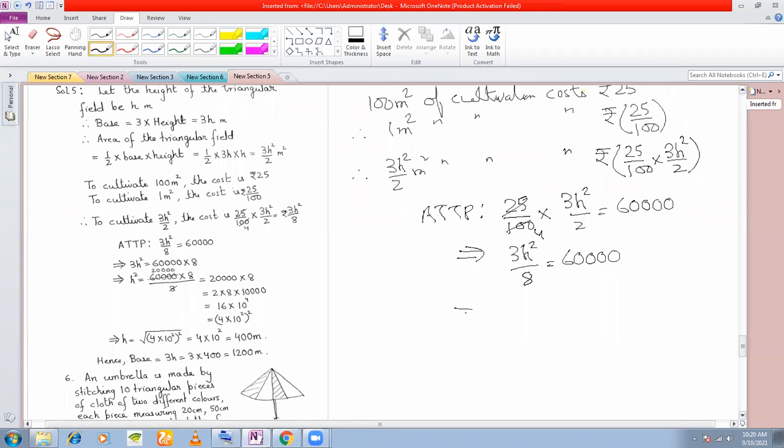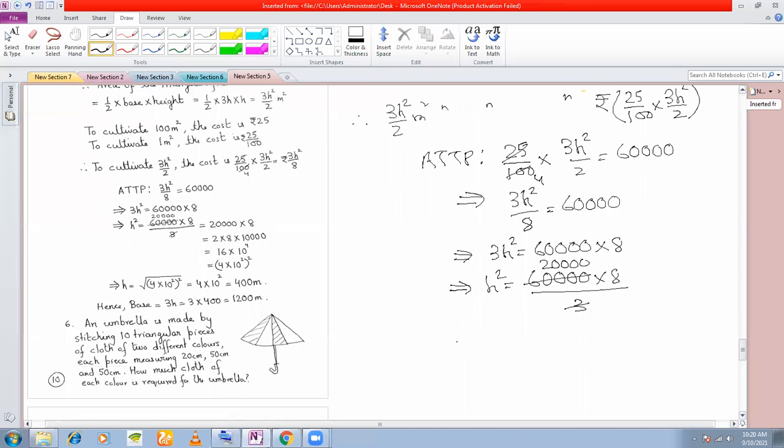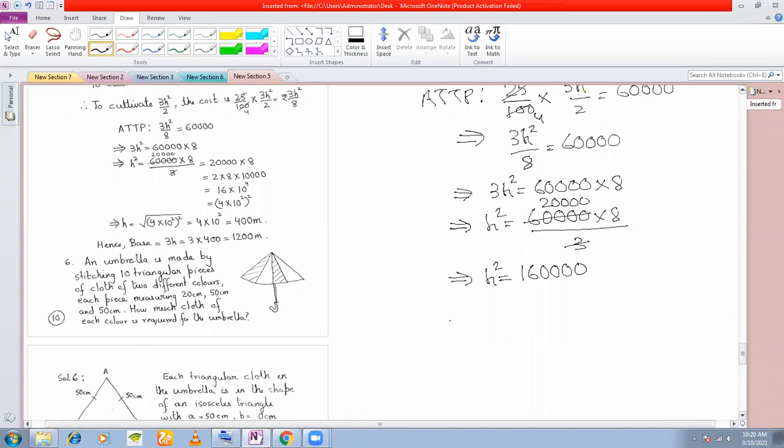From here you can cross multiply. That means h square you are getting. So you can cancel here with 3. So how much are you getting here? This looks like a perfect square, isn't it?